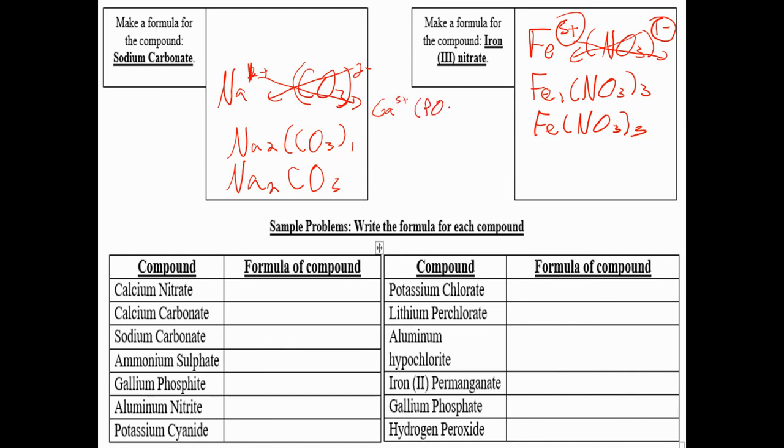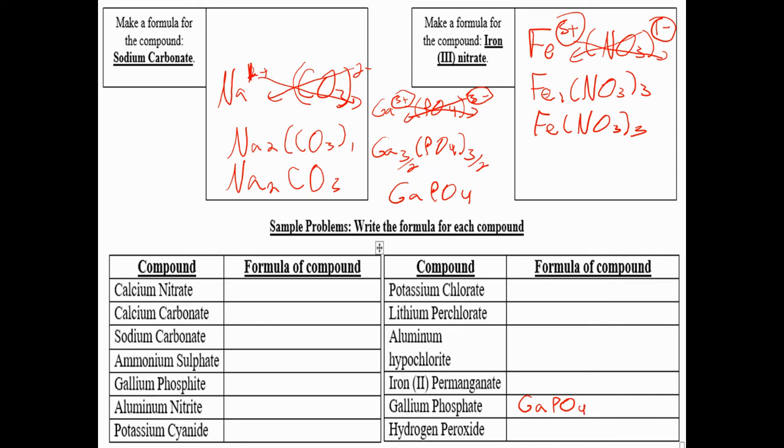Phosphate is PO4, 3 minus. Same steps first, crisscross, and you get Ga3 PO4, 3. We need to reduce, only reduce what's on the outside, and so you get GaPO4. So we have gallium phosphate, GaPO4.